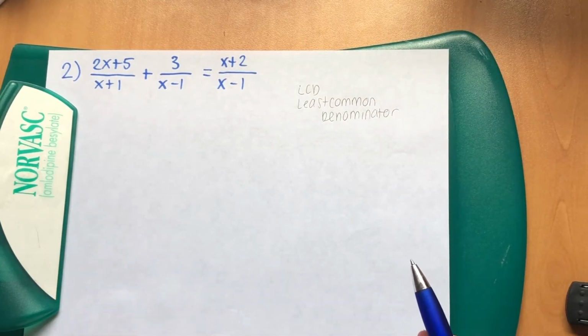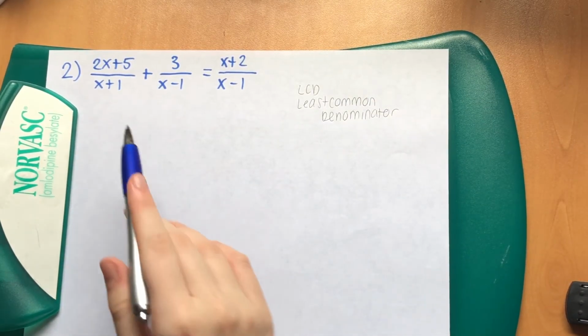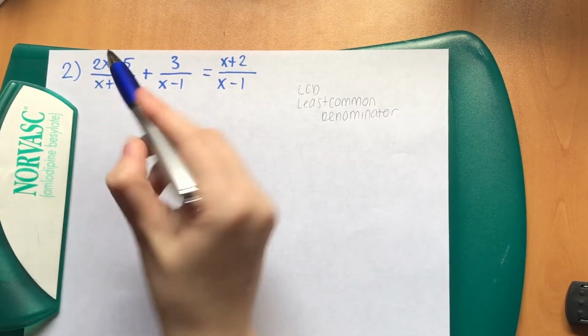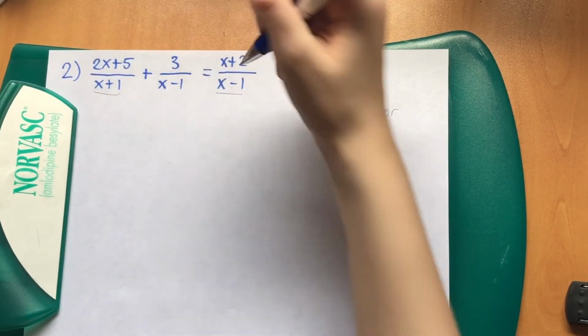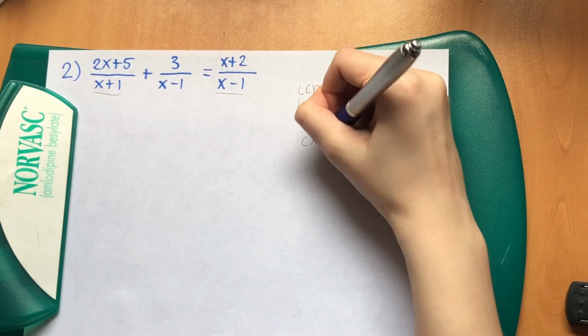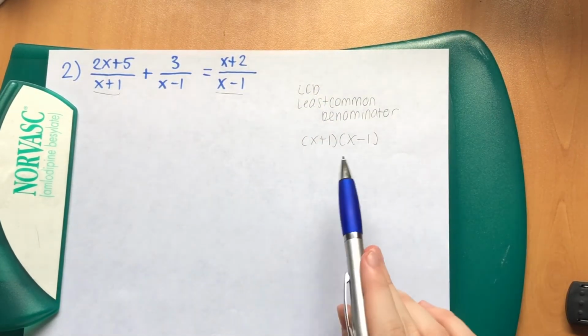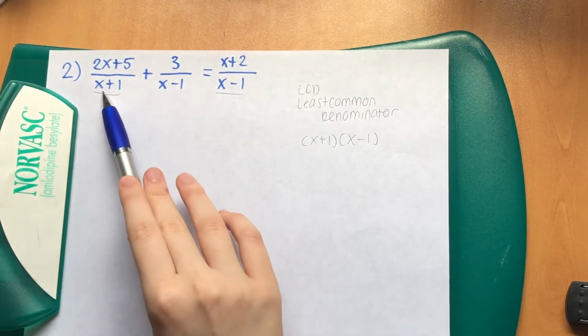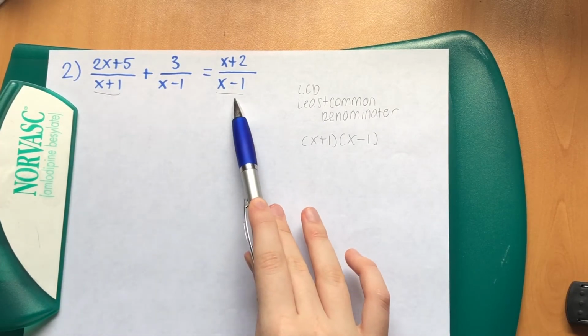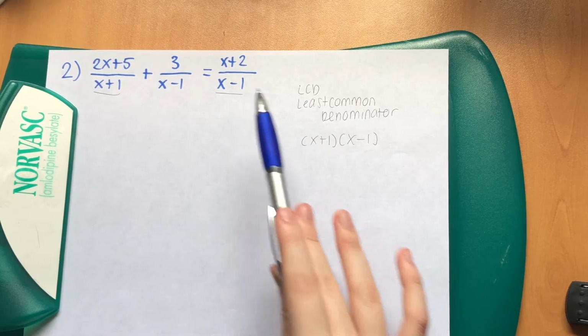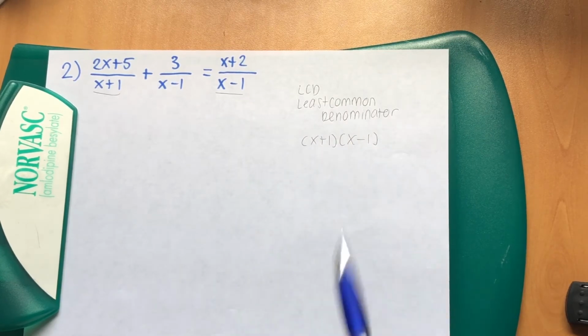So I think this is the easiest thing to do here: we would take this value and this value, and we would make it our least common denominator. This would work because if we multiply them together, we're going to get the least common denominator that we need.